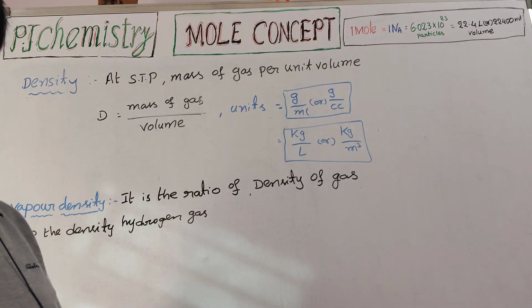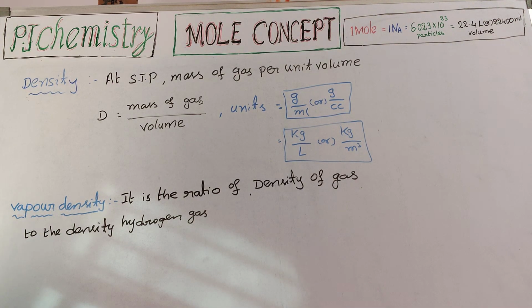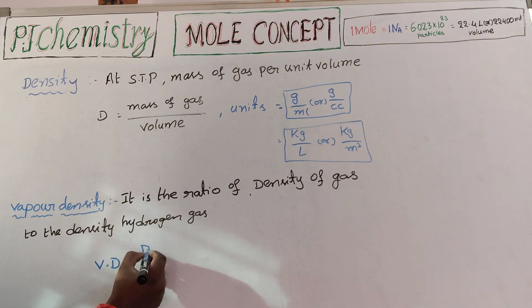When they give you a question with the density of so-and-so gas, and we need to find the vapor density, we divide the density of the given gas by the density of hydrogen gas. Okay, we will get vapor density. So the formula: VD means vapor density, D means density.